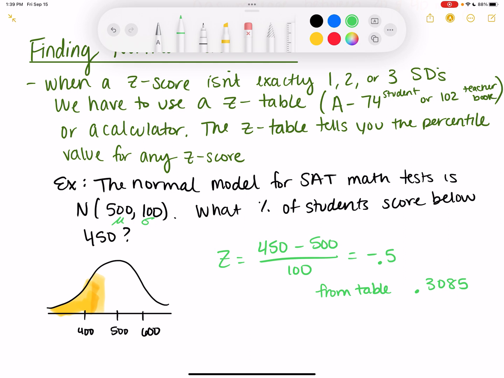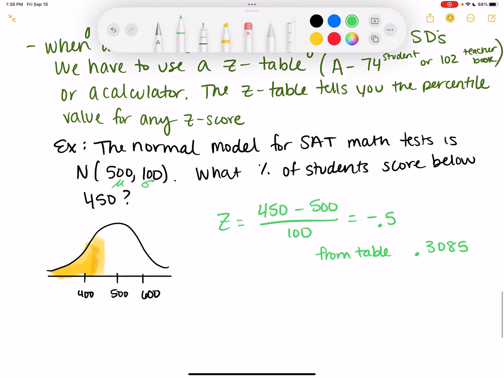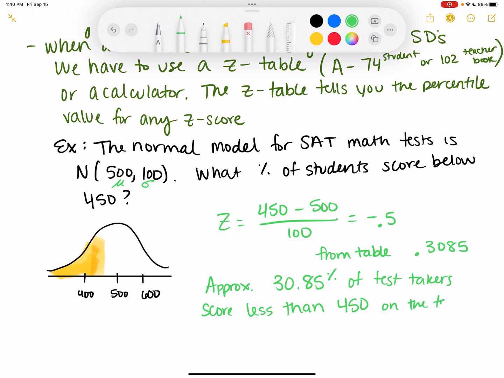Okay, I don't have them printed yet, so I'll have to print them. But anyways, basically from the table, we would get this value of 0.3085. So that means that approximately 30.85% of test takers score less than 450 on the test.